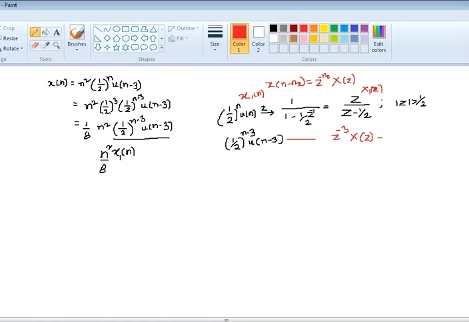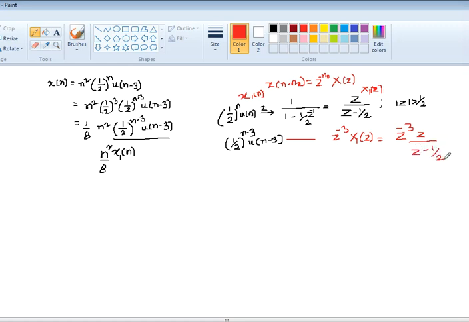So we could write this as z raised to minus 3 into x1 of z, which is z raised to minus 3 into z divided by z minus 1 by 2.